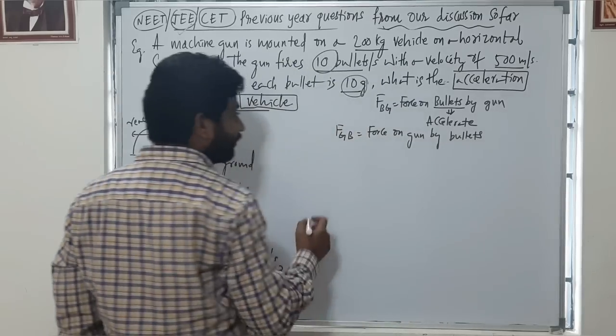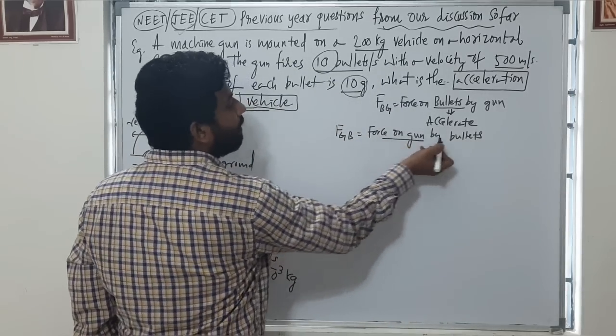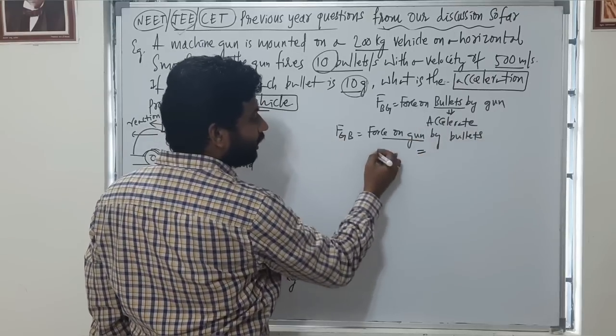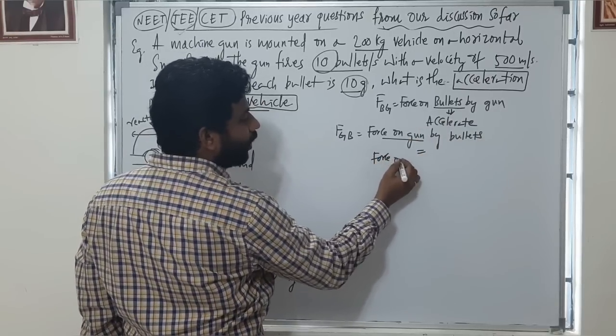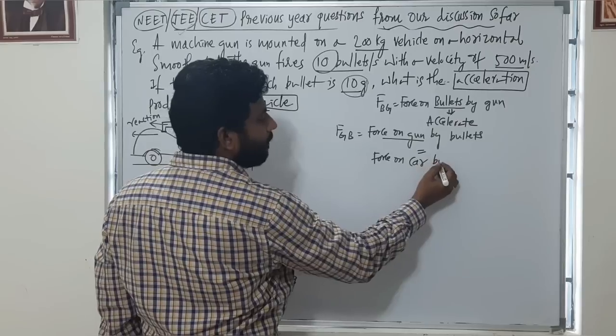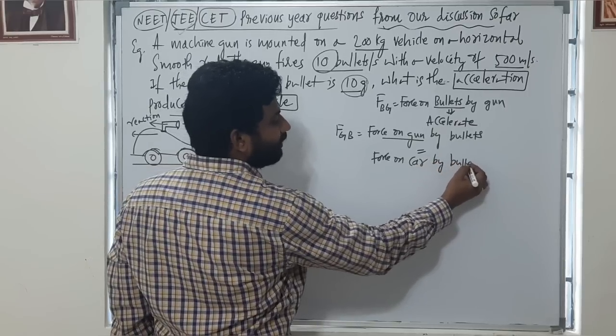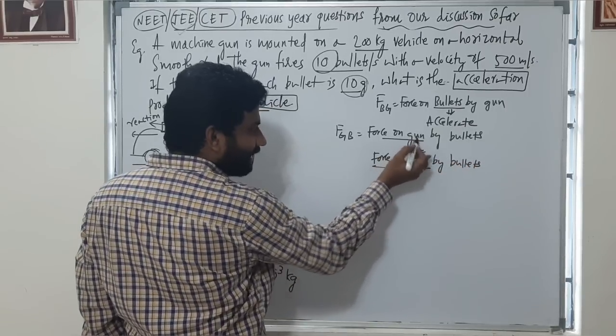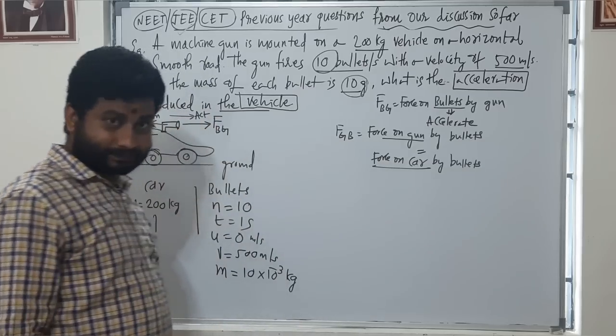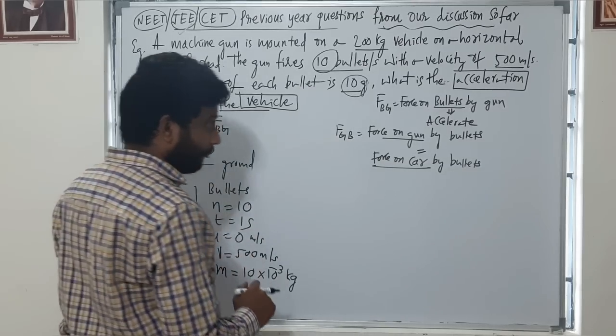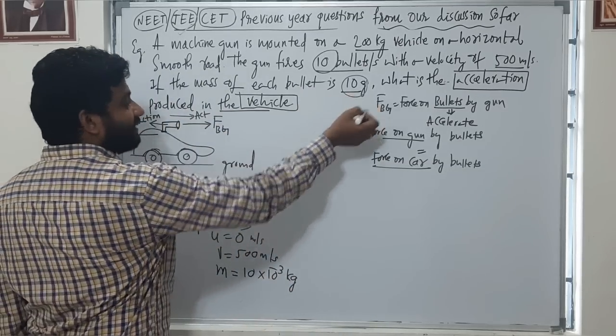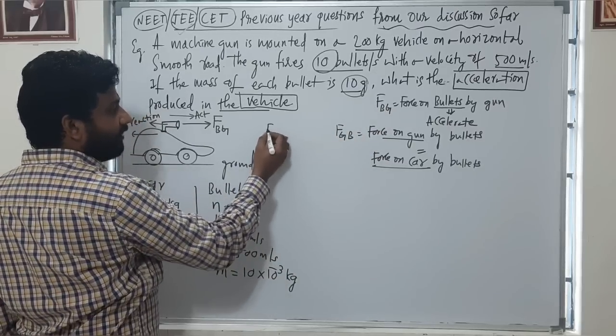Now, I am writing here. Force on the gun by the bullets is exactly equal to force on the car by the bullets. Yes or no? Because this gun and car are in contact. Clear? Now, as this is action and reaction force, what can I write?